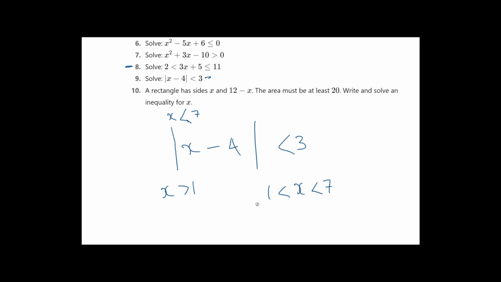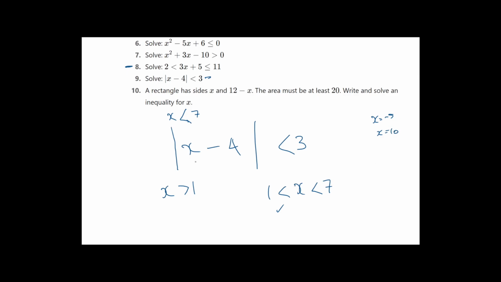I think I'm going to check. Hang on. Yeah, I think I'm right. So if we let x be -4, say -5, -4 is -9, that number is less than 3. Okay, so that bit's right. Let's let x be 10, some number much bigger than 7.